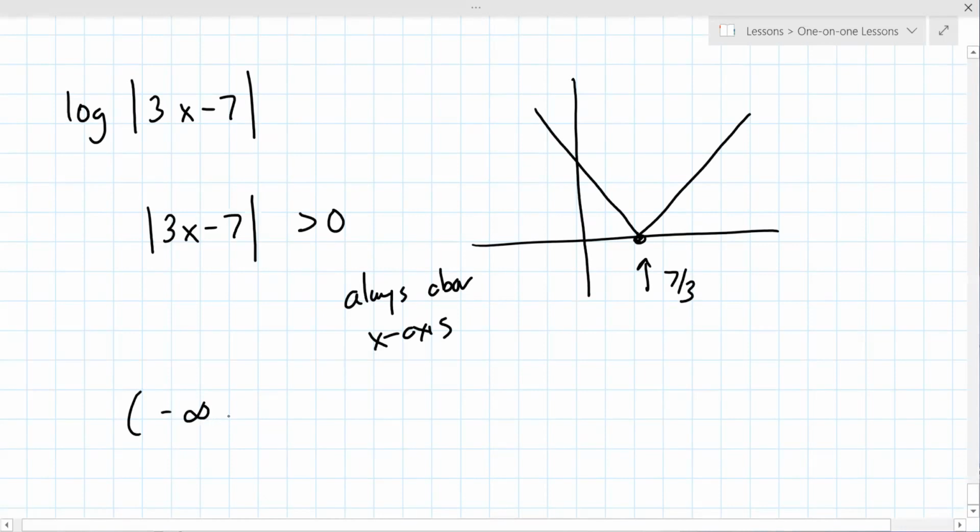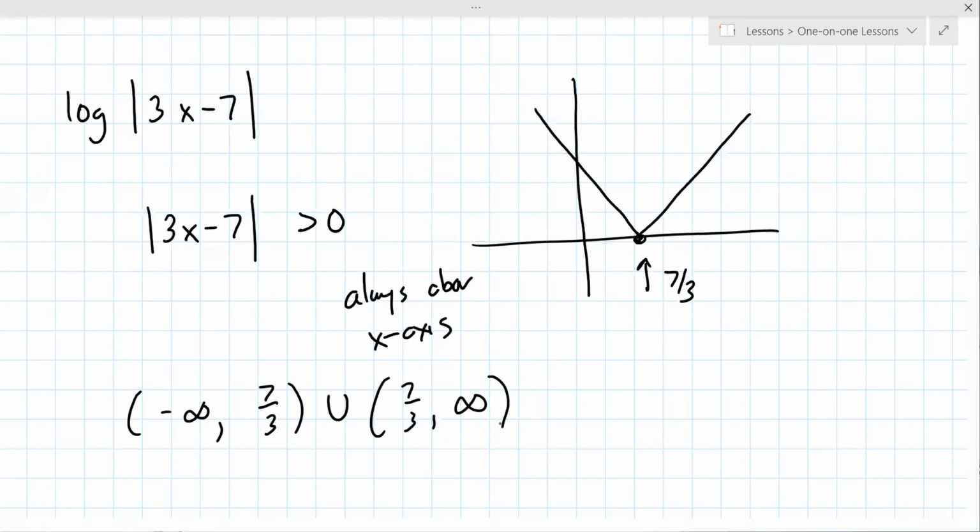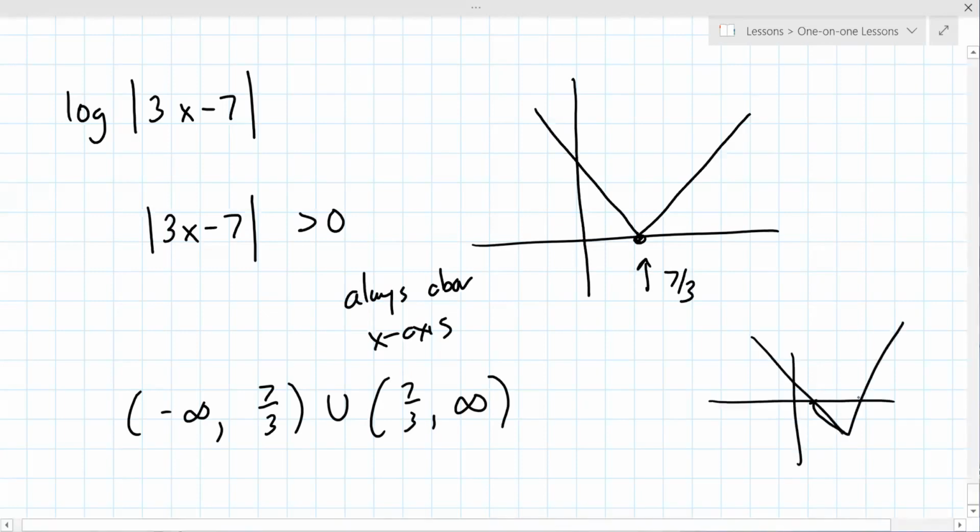So it's all the numbers from negative infinity to 7/3, union all the numbers bigger than 7/3 to infinity. This one's just this way because it exactly hits the axis. Usually they give you ones that V down here slightly, so you have to figure out that window.